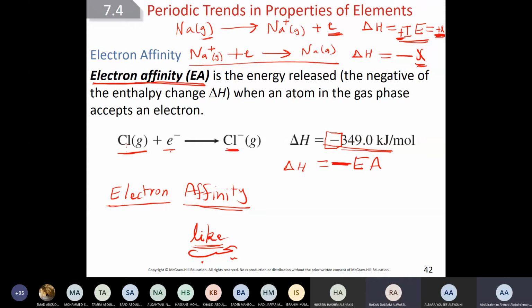Positive 349. Exactly. Is this clear? Why is it positive? That's by agreement by scientists.